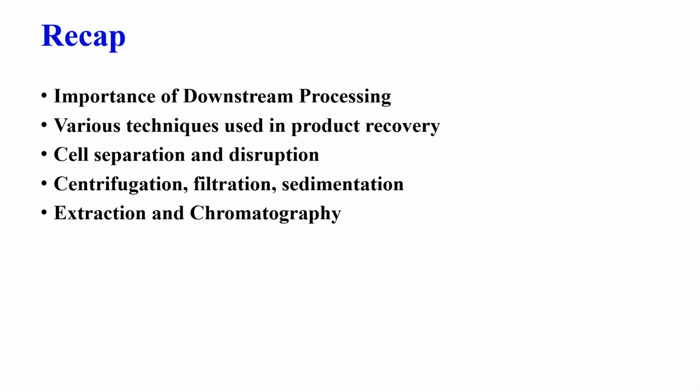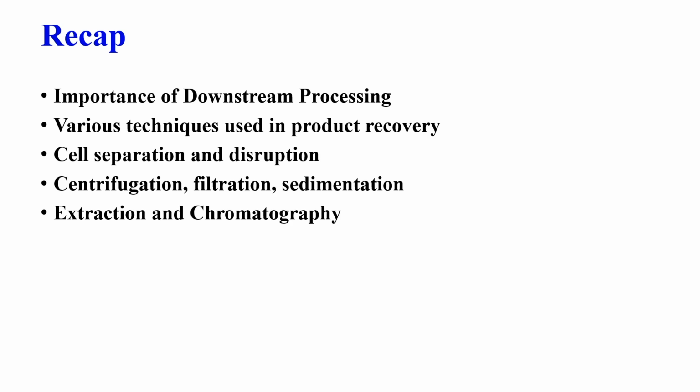Now, the second step is cell separation and disruption. If it is an intracellular product, then you have to go for cell disruption. There we discussed various mechanical as well as non-mechanical methods.